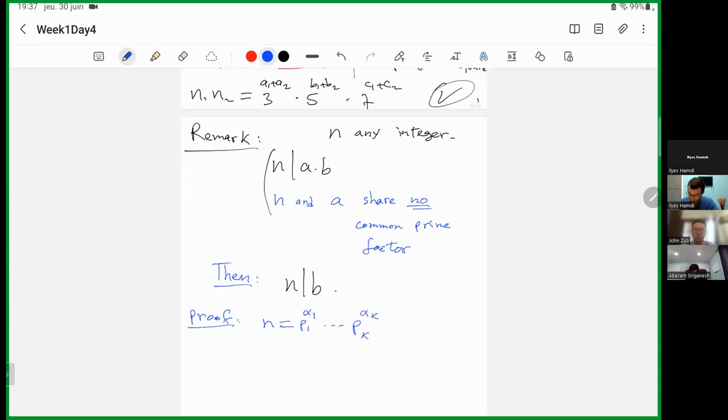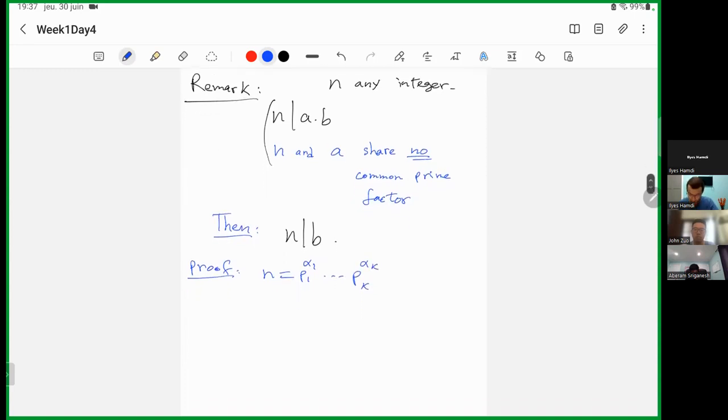Okay, so this is the prime factorization of n. Now let's take the prime factorization of a. Of course, I need to change the names of the primes because they have to be different. They share no prime factor, right?